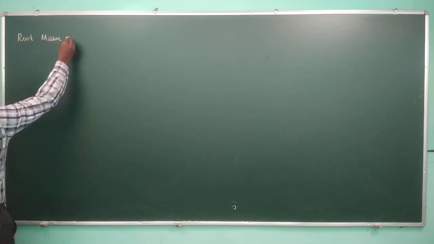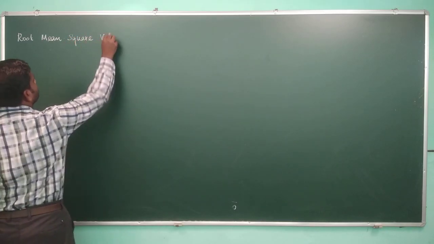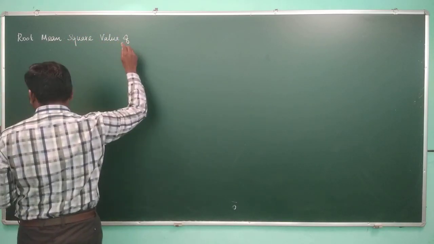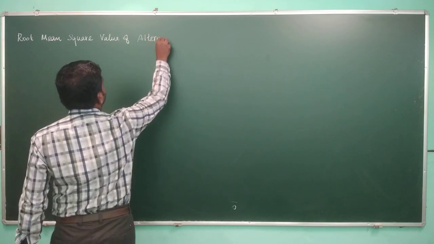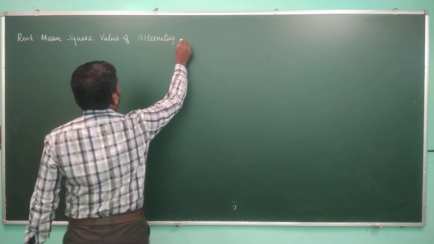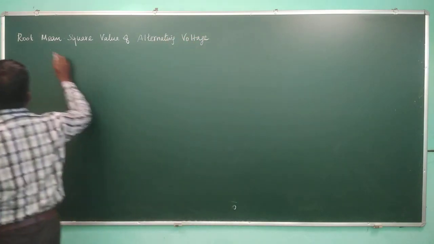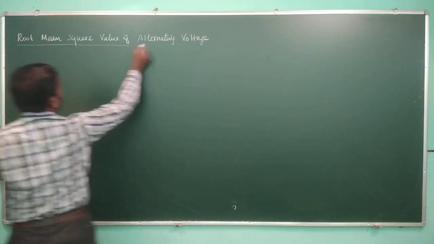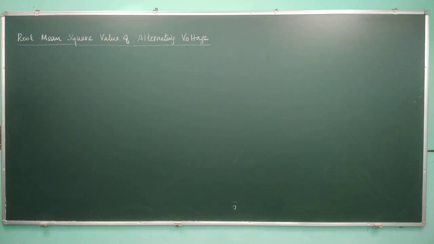Root mean square value of alternating voltage.